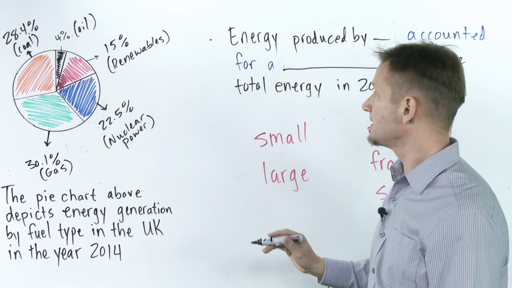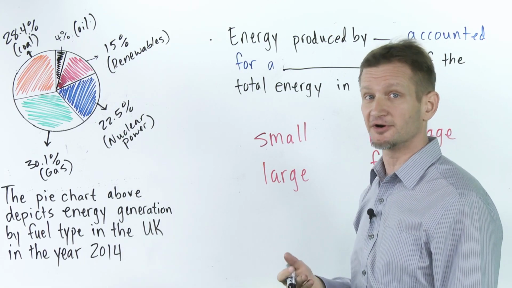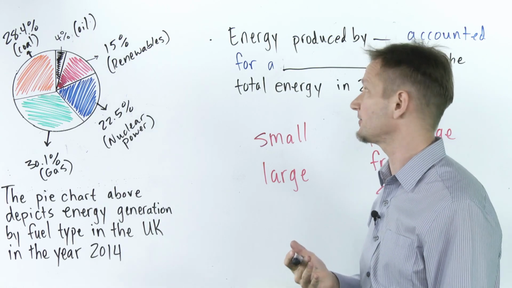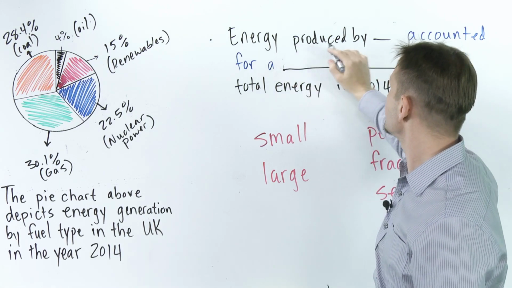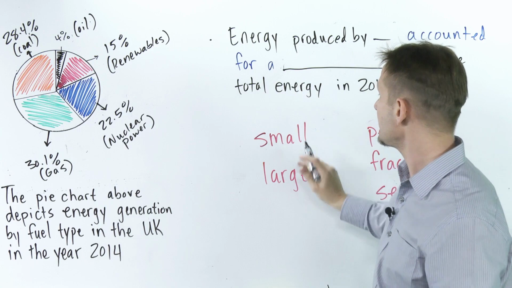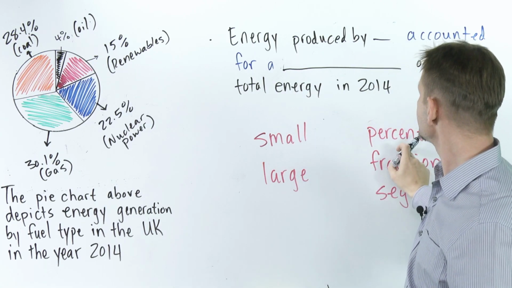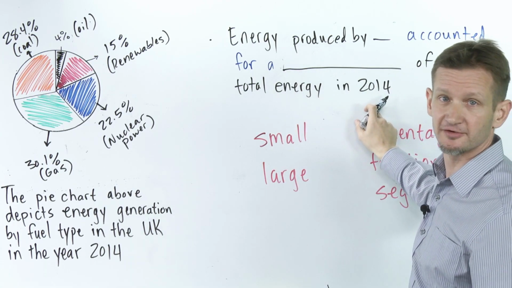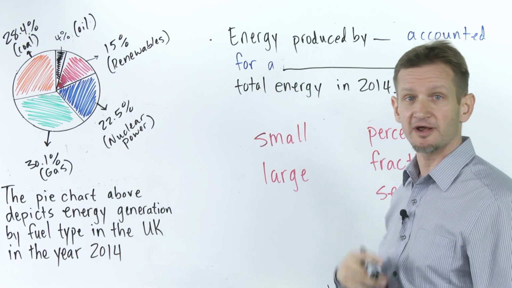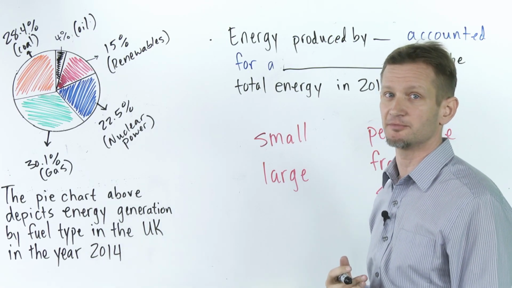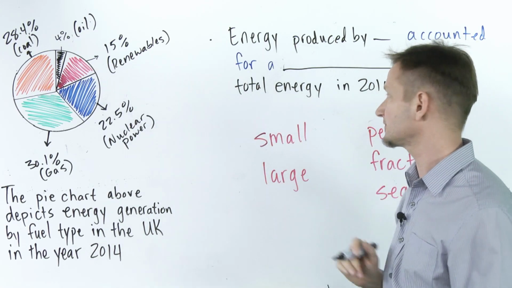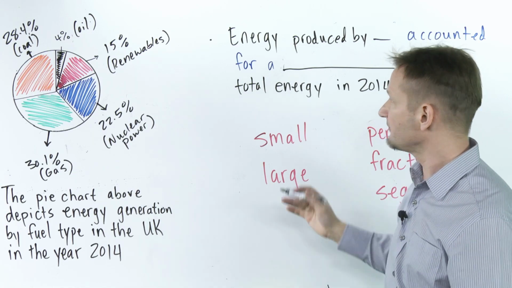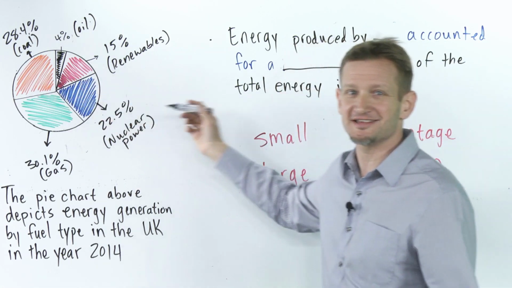But if you wanted to add some diversity to how you're writing about this, then you can say energy produced by oil accounted for a small percentage of the total energy in 2014. It's a way to vary how you're talking about this chart. Now, obviously, if it's coal, you're not going to say small percentage.